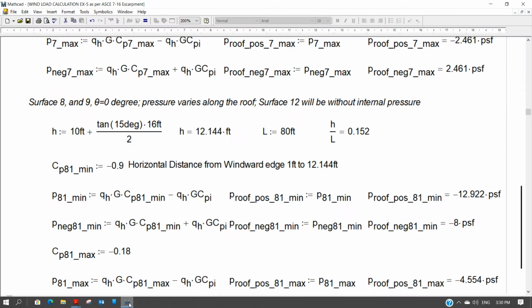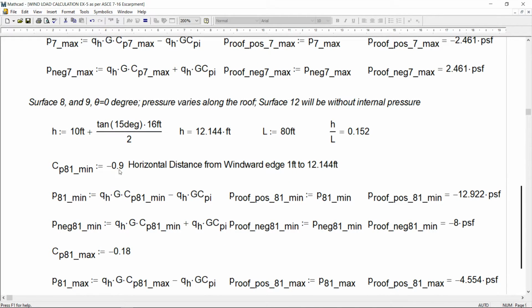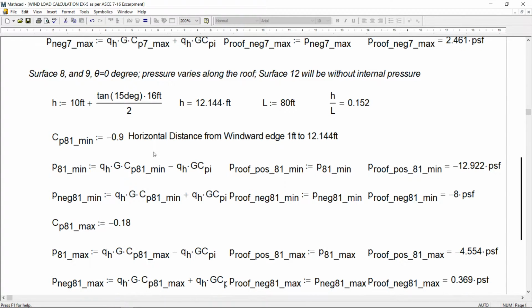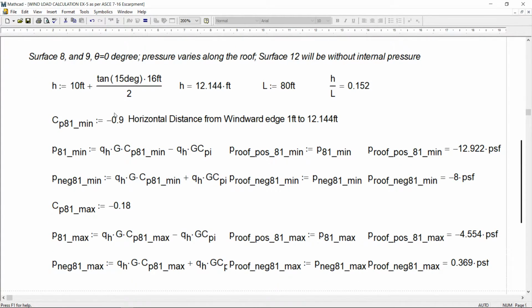The same factor is used over here, minus 0.9 and 0.18. So the pressure on surface 8 and surface 9 when theta is equal to 0 is calculated like this.